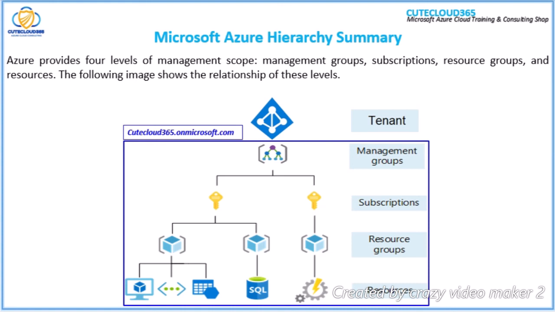You create a tenant, then you create management groups underneath your tenant. Underneath management groups, you create subscriptions. Under subscriptions, you create resource groups, and within resource groups you create resources. If you follow this hierarchy summary, it will be easy to manage your infra efficiently.